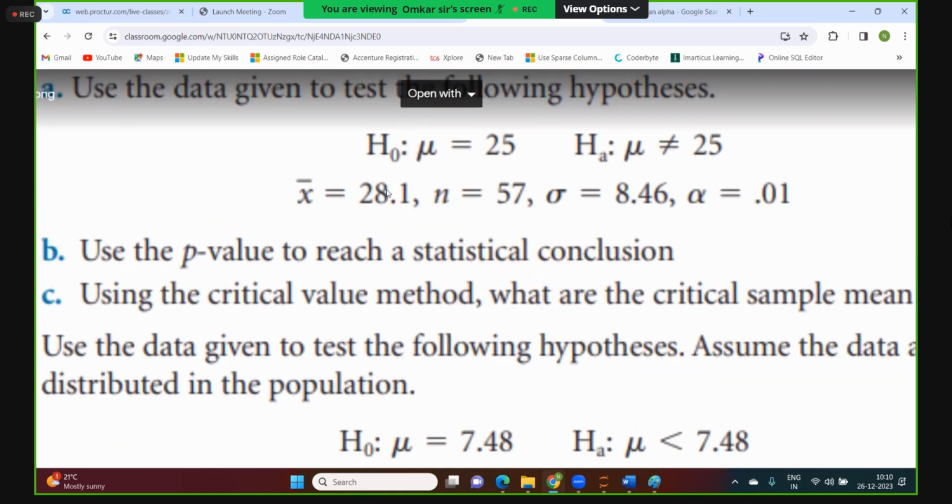Do it, everyone. Step 1, step 2, step 3, step 4, step 5, 6, 7. Quickly.